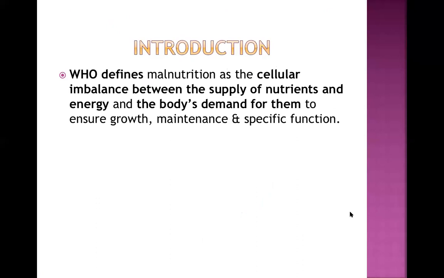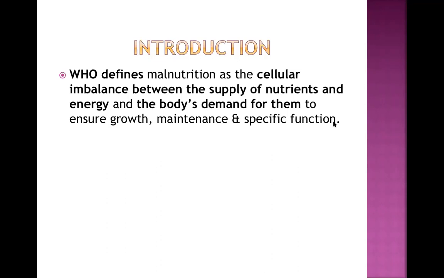Now, what is the definition of protein energy malnutrition, or malnutrition per se? The World Health Organization (WHO) defines malnutrition as the cellular imbalance between the supply of nutrients and energy and the body's demand for them to ensure growth, maintenance, and specific function. So this is a clear-cut imbalance between supply and demand.